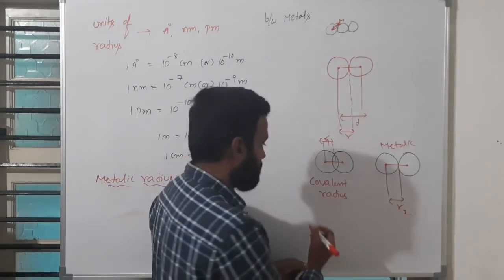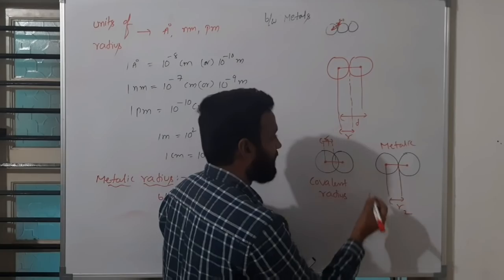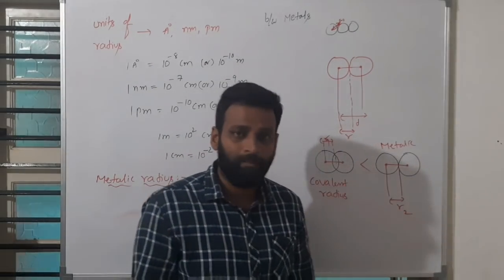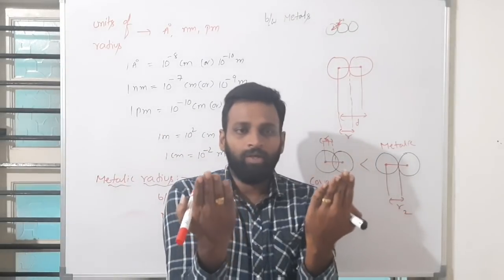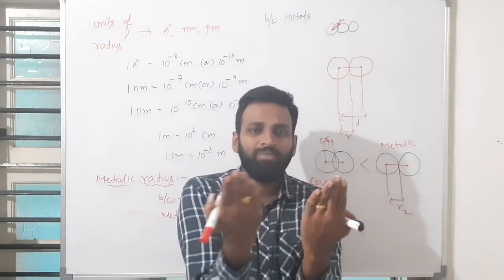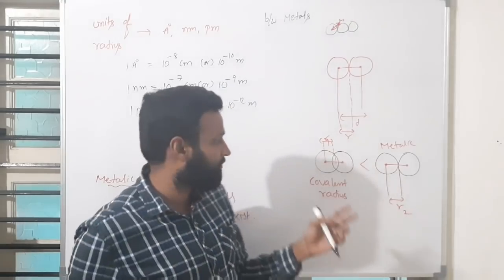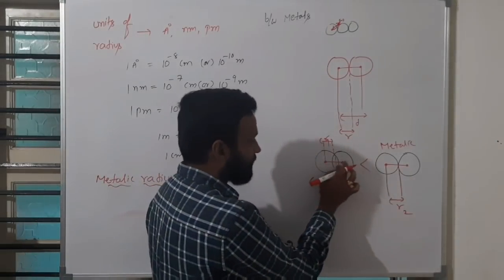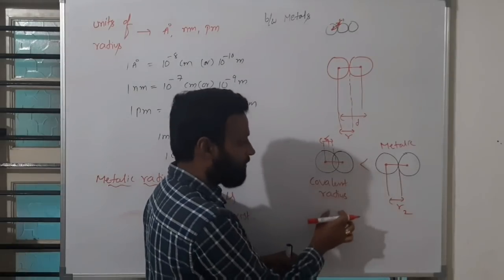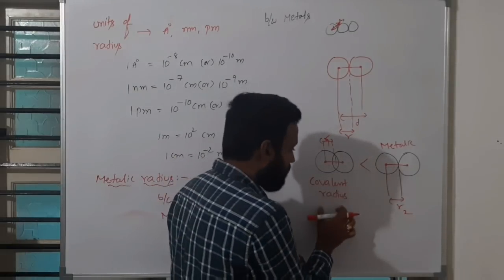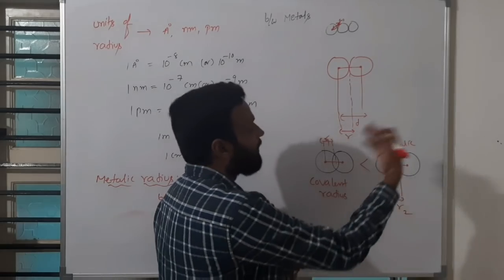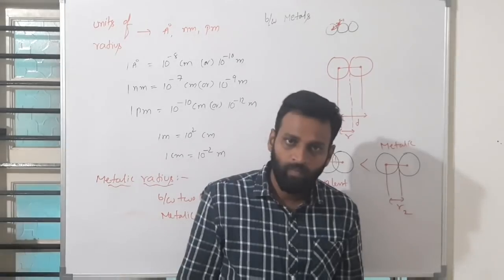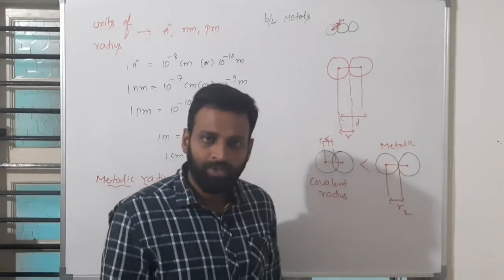Which is bigger? Metallic radius is always greater than covalent radius. Why? In covalent molecules, one atom goes into the other, the closest approach, so these are very near. That's why the radius will be less. So between covalent radius and metallic radius, metallic is always greater. Understanding what I am saying? Sure? Okay.